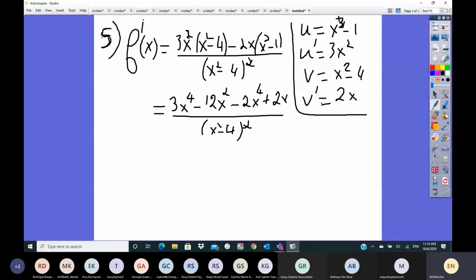So it's equal to, do you notice that you can take x as a common factor? So you get 3x cubed minus 12x minus 2x cubed. No, it's x cubed. So it's x cubed minus 12x plus 2.